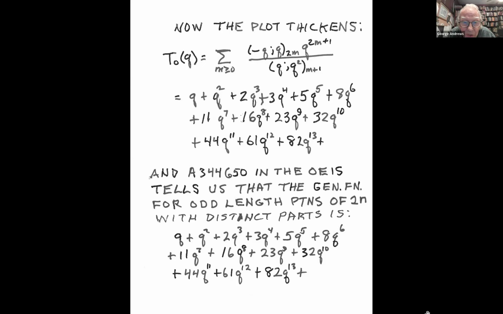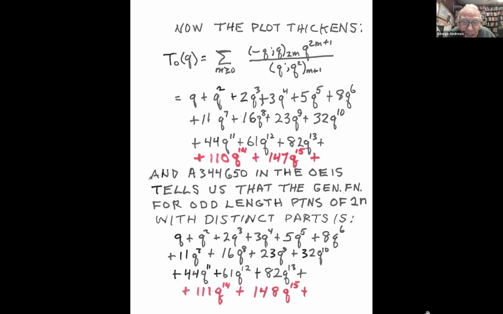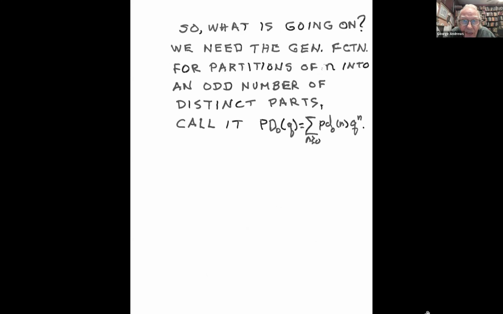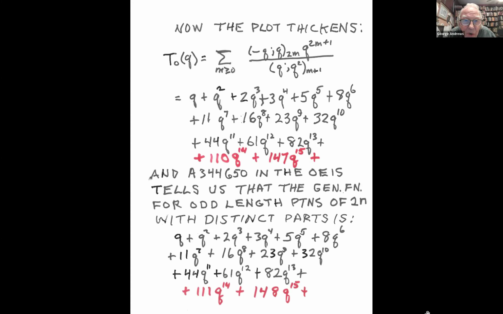But as we will see, we move on and the terms are different starting at 14. So what's going on? We need the generating function for partitions of n into an odd number of distinct parts in order to see what its relationship is with this T_O of q.